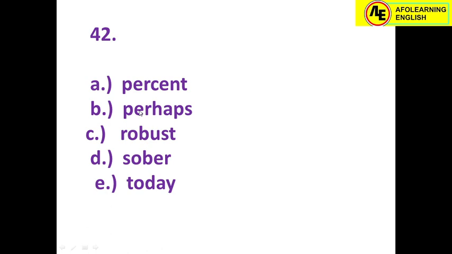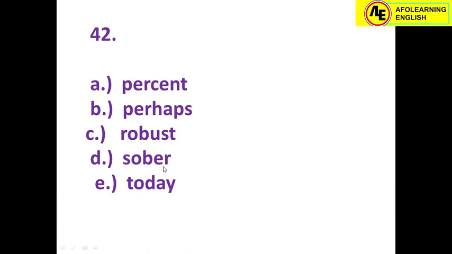So anytime you find this particular vowel sound in any syllabic structure, the syllable is always unstressed. So percent, the primary stress is on the second syllable. Perhaps, the primary stress is also on the second syllable. Robust, the primary stress is on the second syllable.